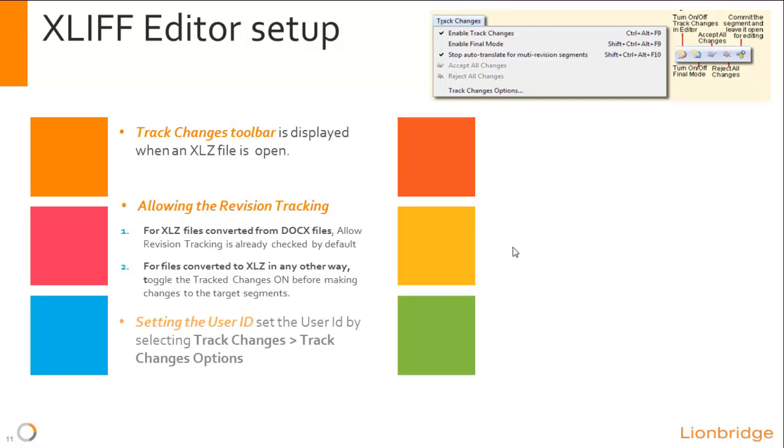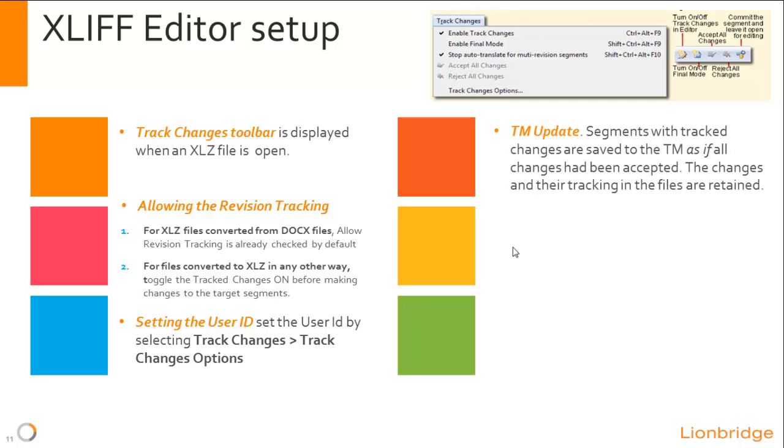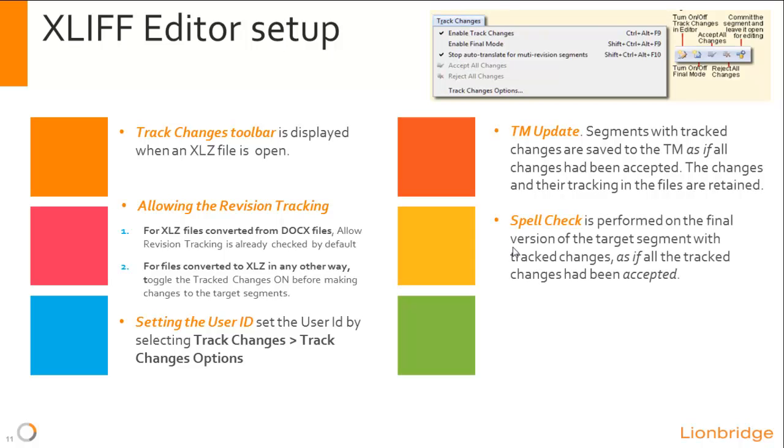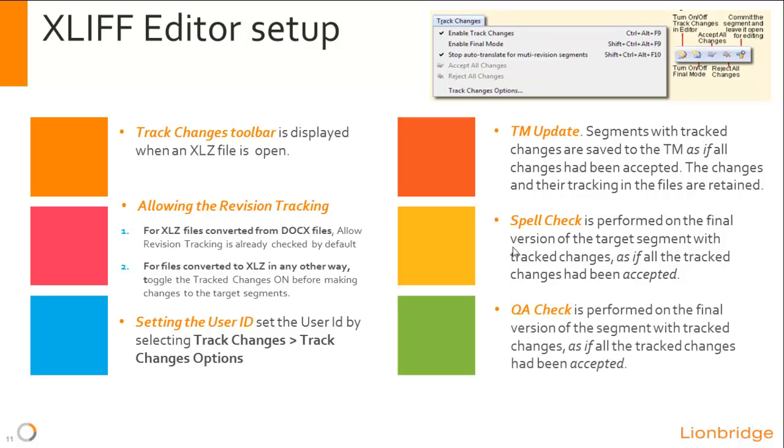The next important thing to do is to set up your user ID from the Track Changes menu, Track Changes options. Other considerations are that track changes segments are saved as accepted in the TM. Spell check is done on the final version and QA checks are done on final versions.